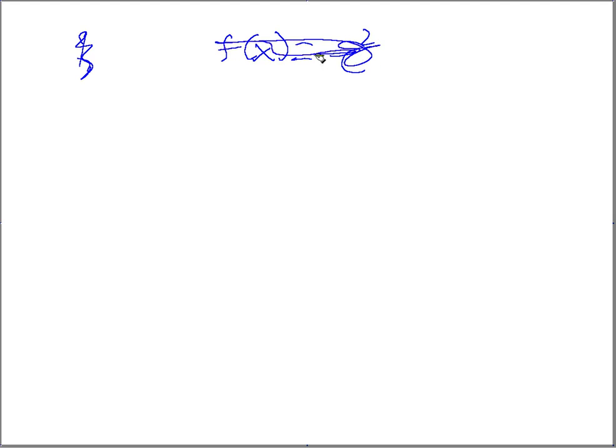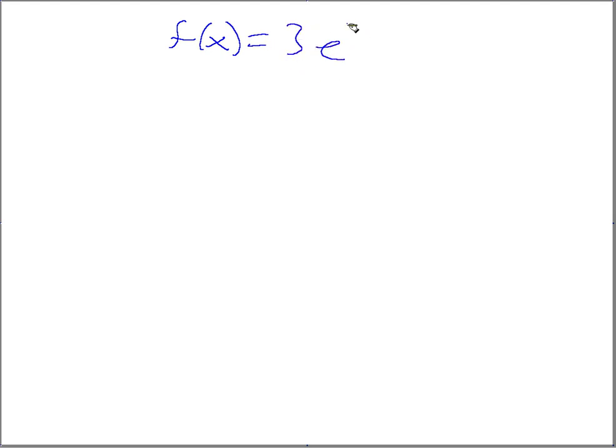Let me clear it out one more time. I want f of x to be 3e to the negative 4x plus 1, plus 7, right? The plus 7 is not part of the exponential, but the plus 1 is part of the exponent there.